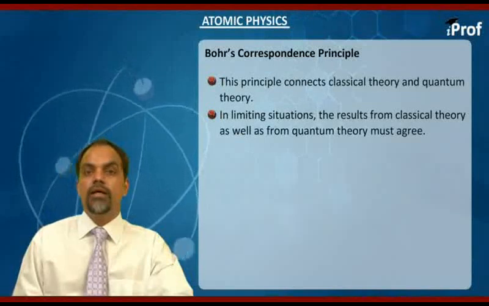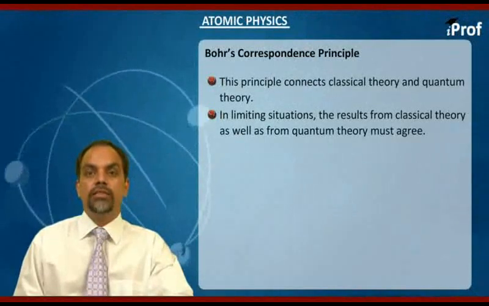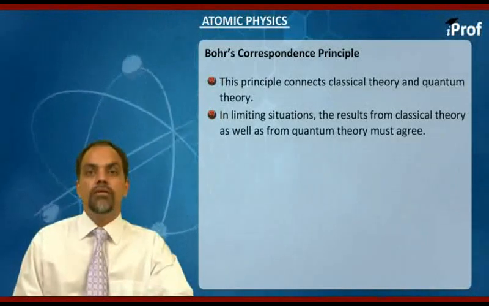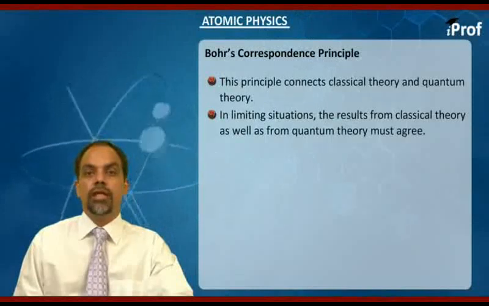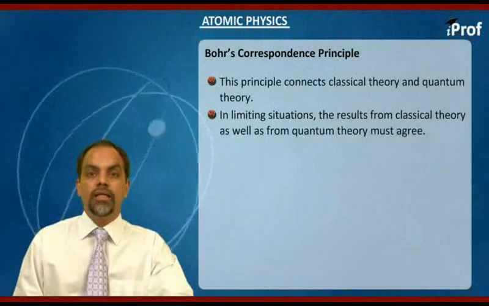I repeat again, Bohr's correspondence principle connects quantum theory and classical theory, and according to it, in the limiting situation, the results from the two theories, that is from classical theory and from quantum theory, must agree.